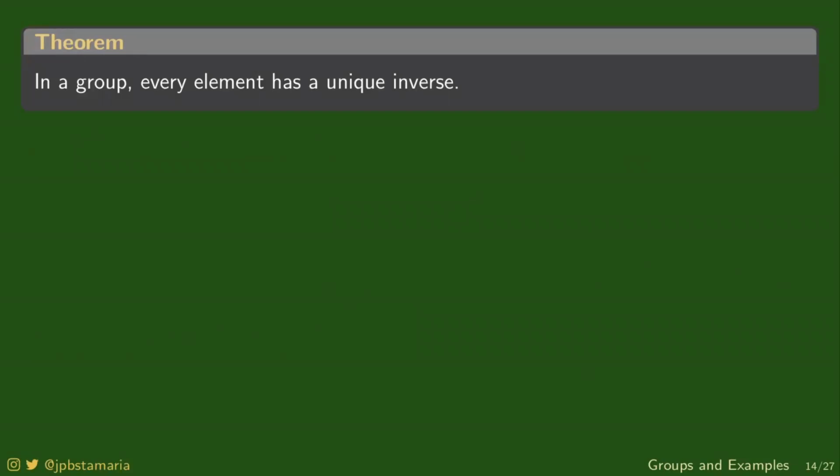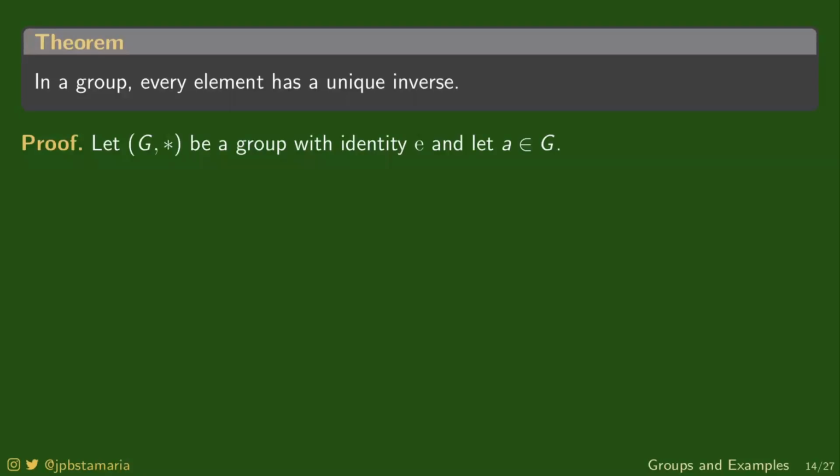Okay. So let G be a group. Let's say that because the identity will play a role here, pangalanan natin yung identity as E. And let's take any element A of the group, an arbitrary one. We will prove that A has a unique inverse.